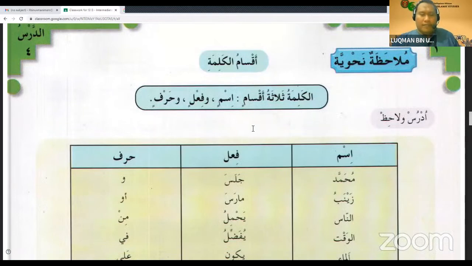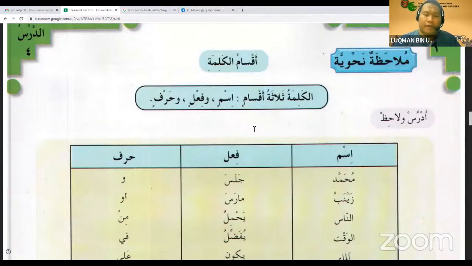Then we have also discussed the classification of words in Arabic. Unlike English grammar, which has 8 parts of speech, in Arabic we only have 3. Those 3 are ism or noun, fi'al or verb, and harf or particle. Ism covers the noun in English grammar, the adjective, the adverb, the pronouns.